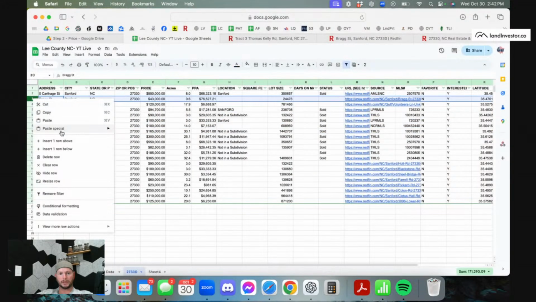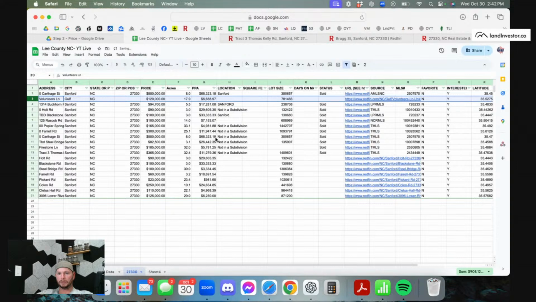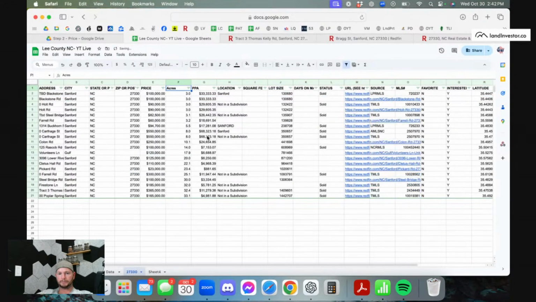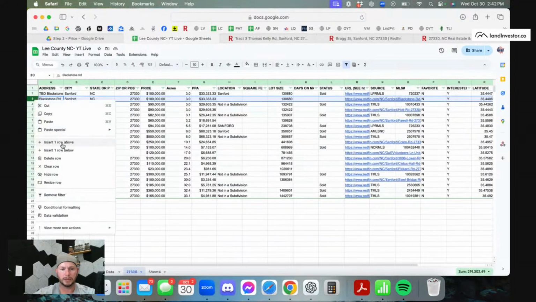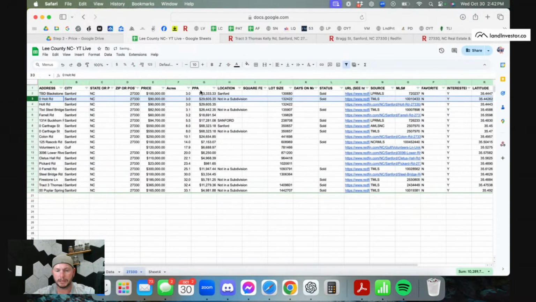So now that we've sorted this, let's sort this by A to Z. Okay, I already see one that's a duplicate. This right here is a duplicate, so let's remove this one. How do I know it's a duplicate? Same exact pricing and all that jazz.